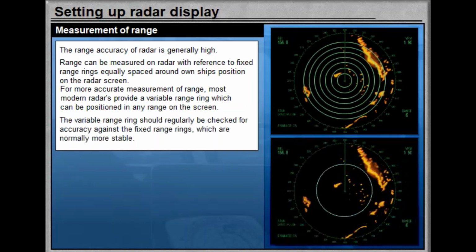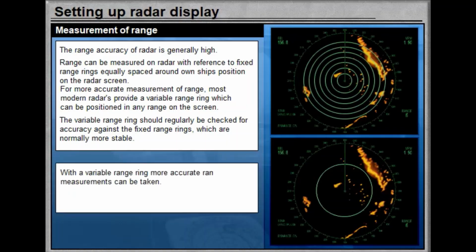The variable range ring should regularly be checked for accuracy against the fixed range rings, which are normally more stable. With a variable range ring, more accurate range measurements can be taken. Fixed range rings can be used when the need for high accuracy is not important.